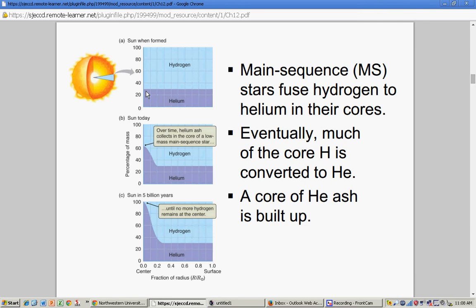Why helium? Because hydrogen during these 4 billion years of the sun's evolution has been converted into helium, and eventually in another 4 or 5 billion years in the future, the core is going to be entirely helium. And when this happens, fusion is gone in the core, and then the star will undergo changes.